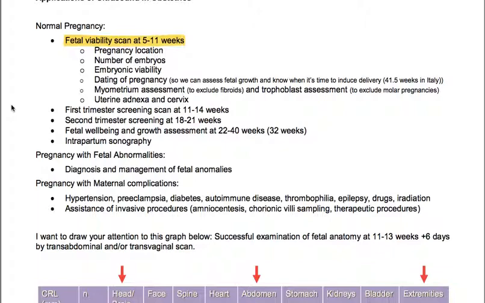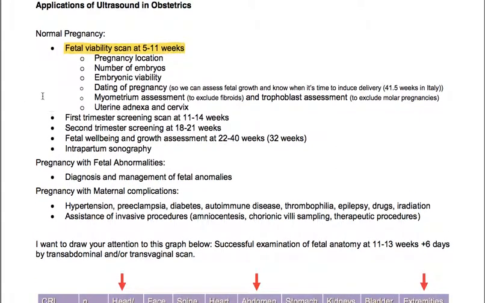Also, myometrium assessment to exclude fibroids, and trophoblast assessment to exclude molar pregnancies. Then you have first trimester screening scan at 11-14 weeks, second trimester screening at 18-21 weeks, fetal well-being and growth assessment at 22-40 weeks, and intrapartum sonography.